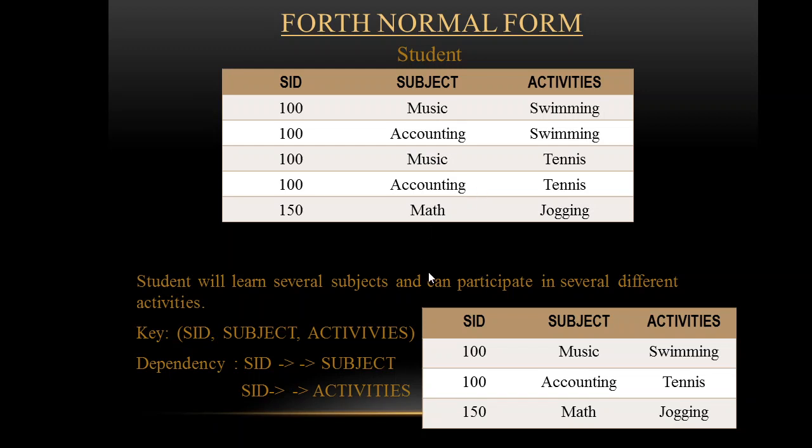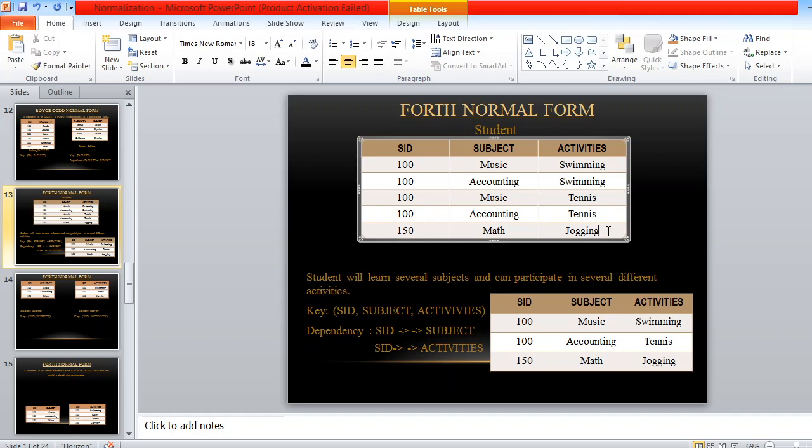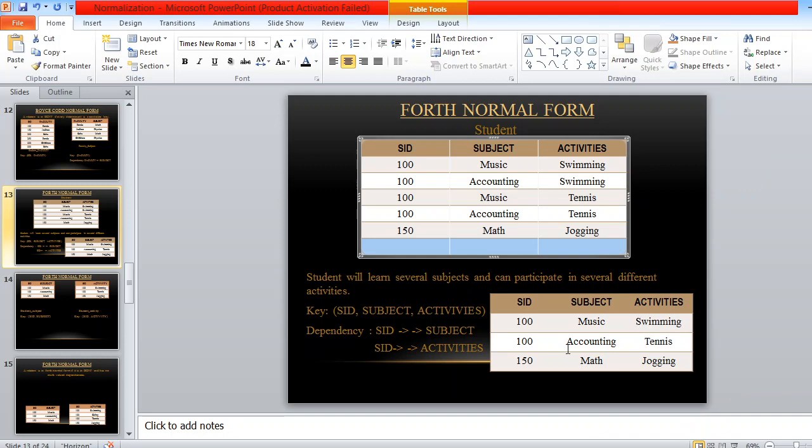Now suppose student ID 100 wants to participate in another activity like skiing. So we will insert a record, for example student ID 100, some subject, and he is participating in skiing. Again, what it will imply is that he will do skiing only when he is learning the music subject.